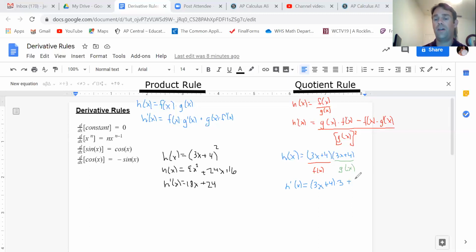Plus g of x times the derivative of f of x, which is also going to be 3. And again, if you're having trouble seeing it, let me see if I can't write this in a different color here for you. Really want this to be clear.